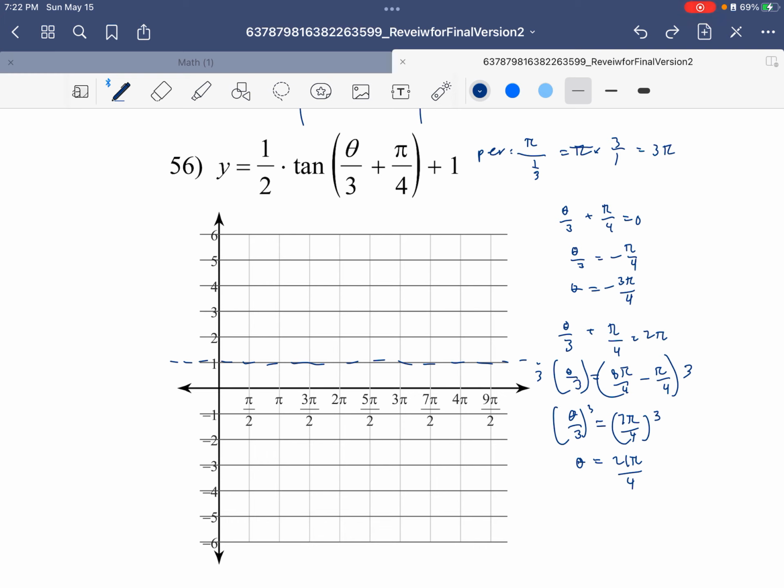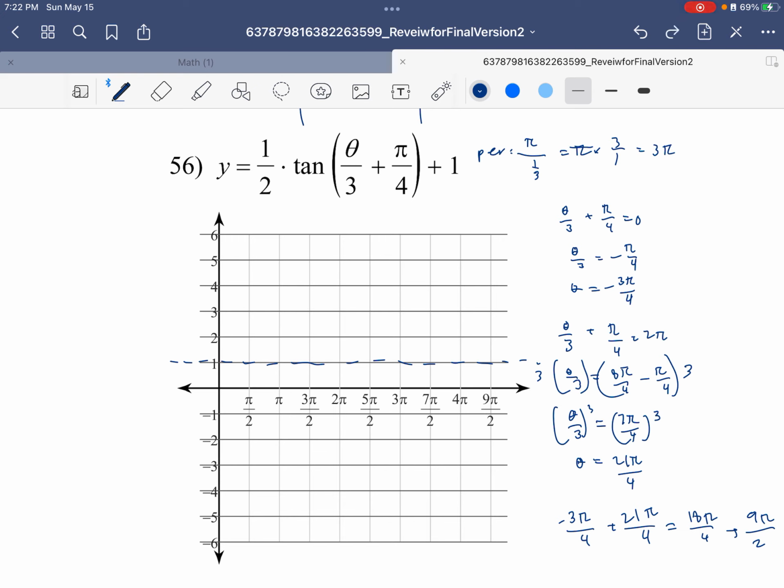Okay, so hold on. A better way to think of it is the distance between our starting point and our ending point is this much, 9 pi over 2, and we see that's 9 pi over 2.